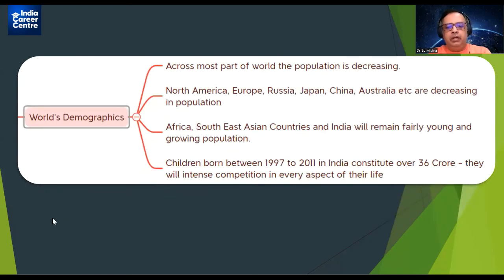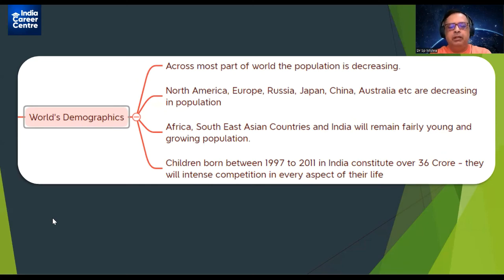In terms of the world demographics, what we know is that across most parts of the world, the population is decreasing. North America, Europe, Russia, Japan, China, Australia, all of them are basically decreasing in population. Africa and Southeast Asian countries, including India, will remain fairly young and growing in population. Children born between 1997 and 2011 in India constitute a little over 36 crore.